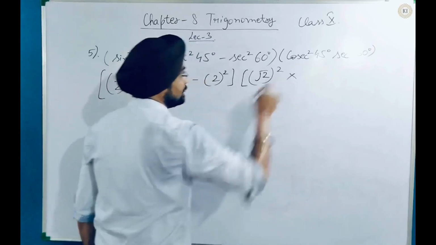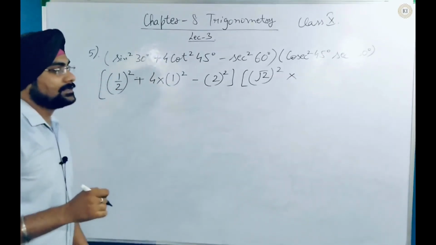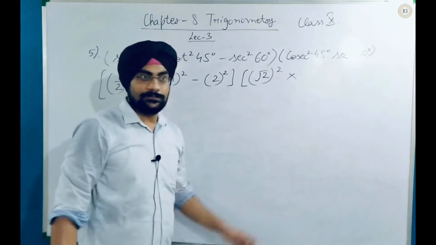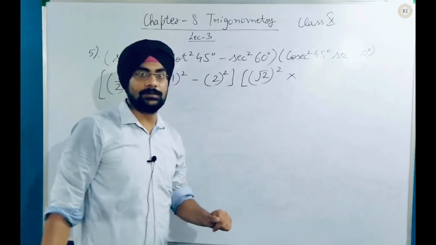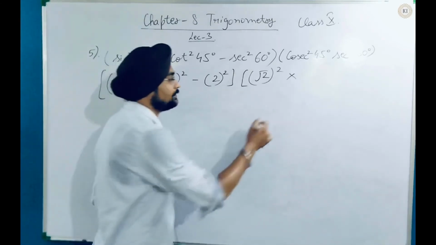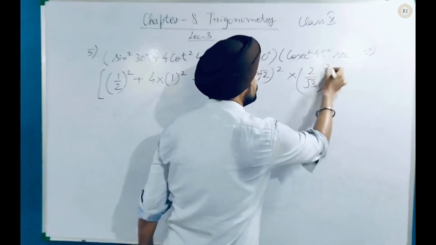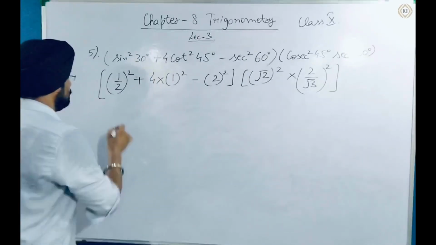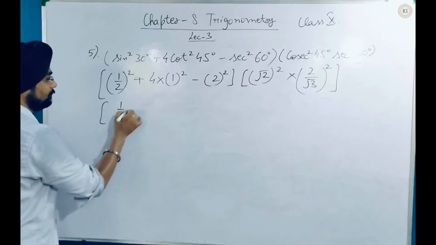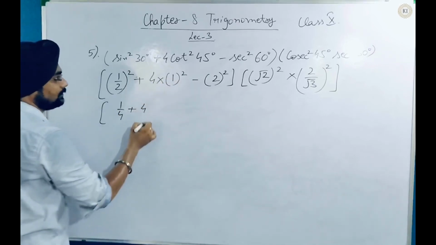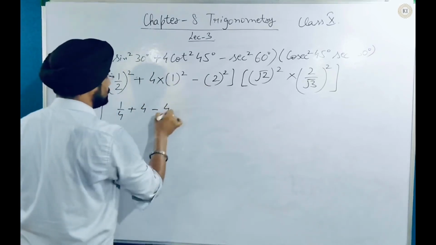Multiply sec square 30 degrees. So sec is the reciprocal of cos. So cos 30 degrees is root 3 by 2. The reciprocal of root 3 by 2 is 2 upon root 3, square. So it will come 1 by 4 plus 4 into 1, 4 minus 2 square is 4.